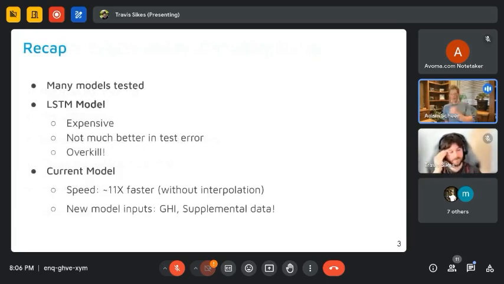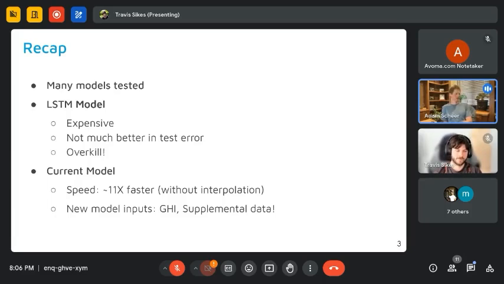Just by way of a reminder for everyone, we've tested many different models in this working group for the hourly model. And a lot of these models have shown some promise in one way or another, but ultimately had some pretty significant limitations.